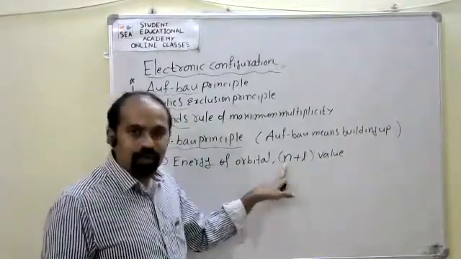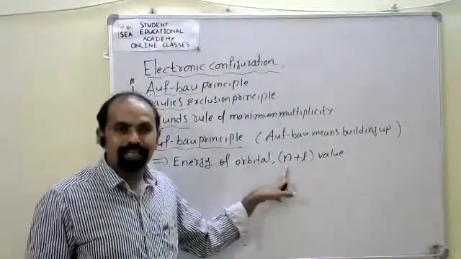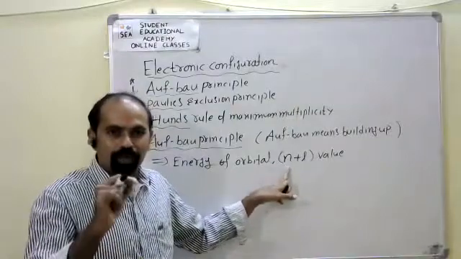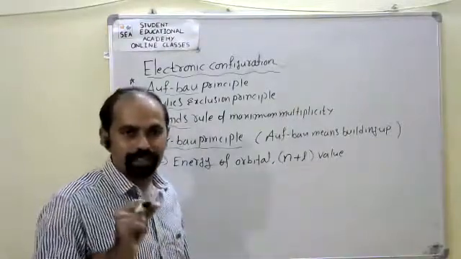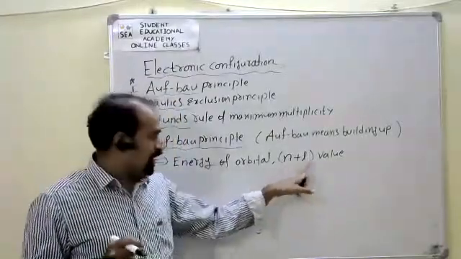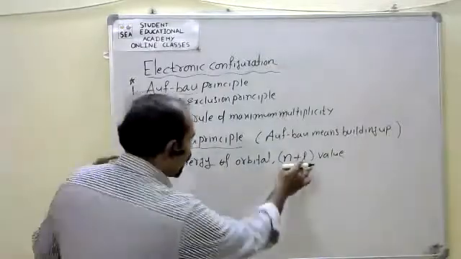Here n equals principal quantum number, that is nothing but shell number. l equals azimuthal quantum number.